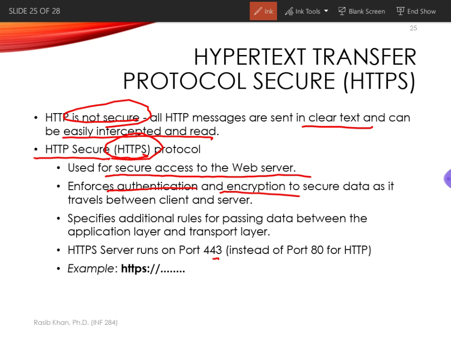And one very important thing is that most commonly an HTTPS server runs on port 443 instead of port 80, which is common for HTTP, right? There are also additional rules specified by HTTPS for passing the data between the application layer and the transport layer in the TCP/IP model.